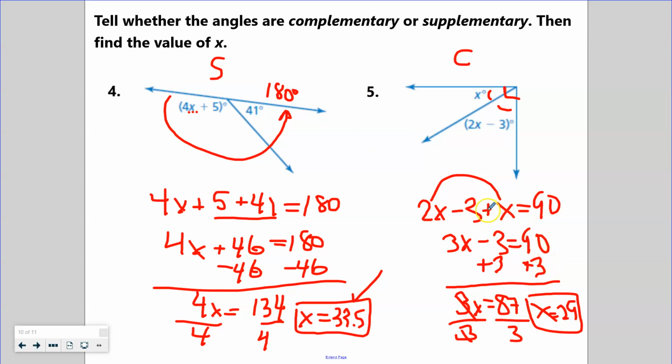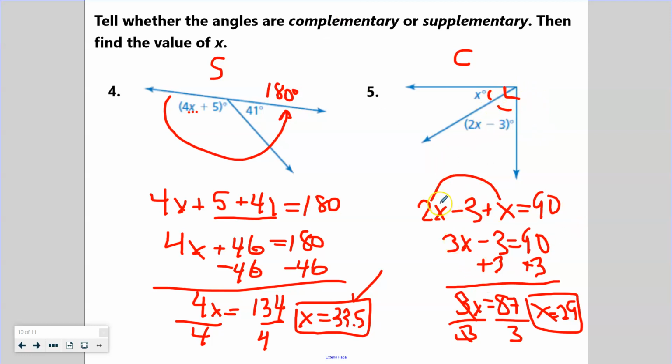Why did I figure out I got something wrong? Well, I put this number in here: 2 times 29 is 58, 58 minus 3 is 55, and 55 plus 29 equals 84. But what do I need to have here? I need to have 90 degrees.